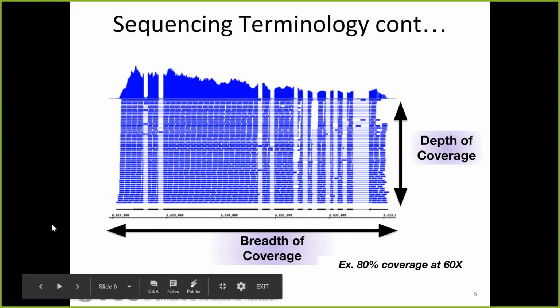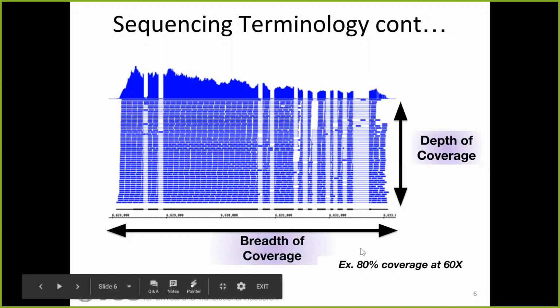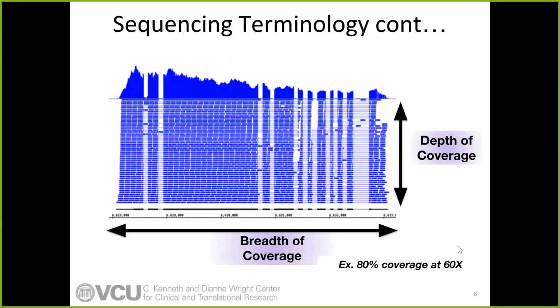Breadth of coverage goes in the other direction. That's the percentage of bases in your genome that are covered by at least 1 read or at least 60 reads. So you'll often find in papers, you'll see 80% coverage at 60x, which means that 80% of the target genome was covered by at least 60 reads.